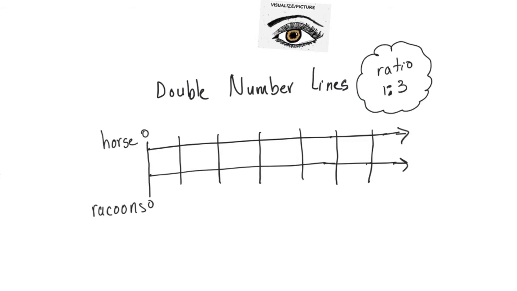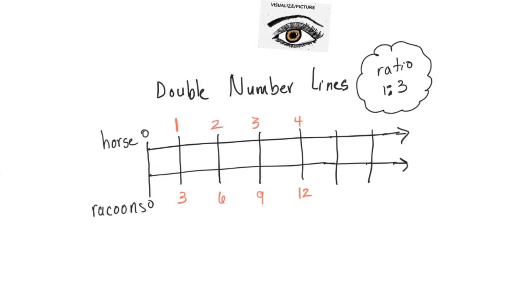So let's complete our double number line. For every horse, there were 3 raccoons. And then if I add 2 horses, then it has to be 6 raccoons. And again, do you notice that you start seeing the pattern, either the additive or the multiplicative method that we have learned to use in the table?